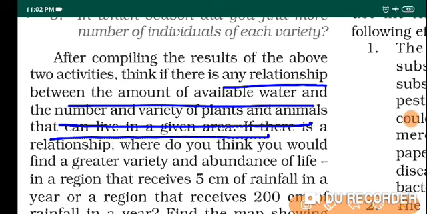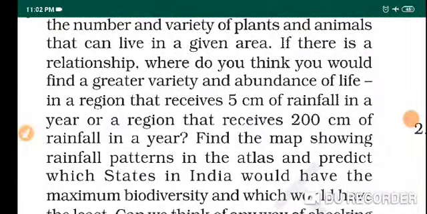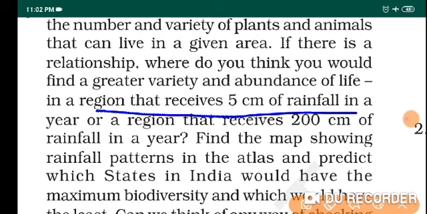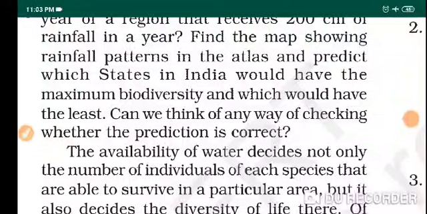There is a statistic which is given over here that in a region which is receiving 5 centimeter of rainfall in a year and a region which is receiving 200 centimeter of rainfall in a year, where will you find more amount of life? Where will biodiversity be greater? Abundance of life, where is it? Yes, you will find that the major biodiversity will be in the region which is receiving maximum rainfall.